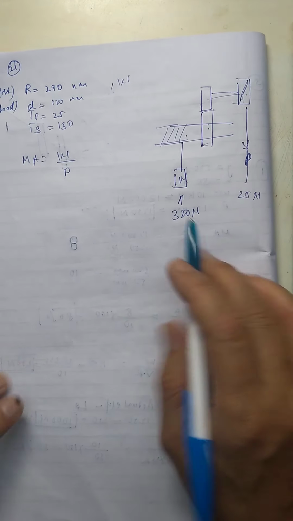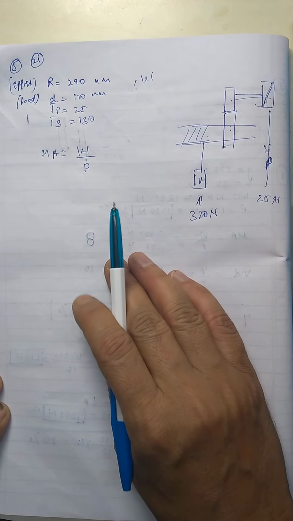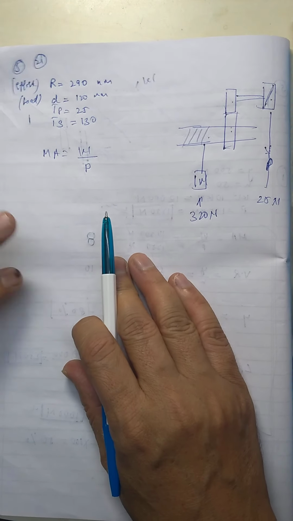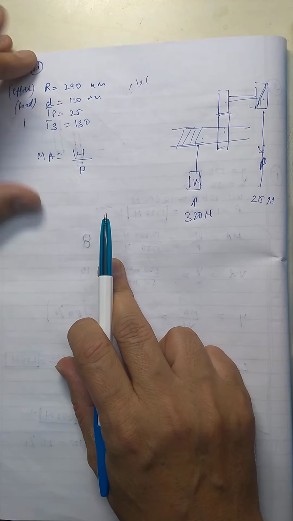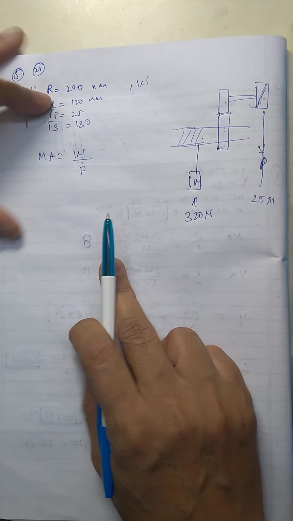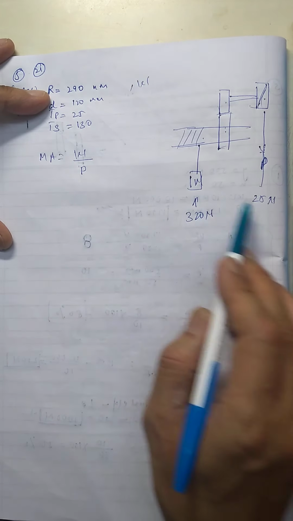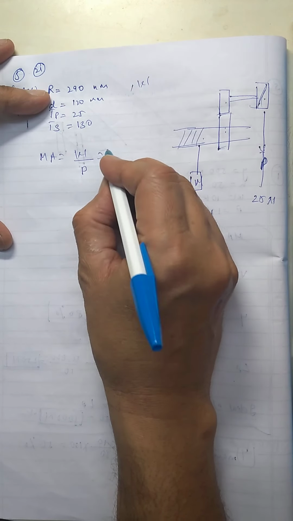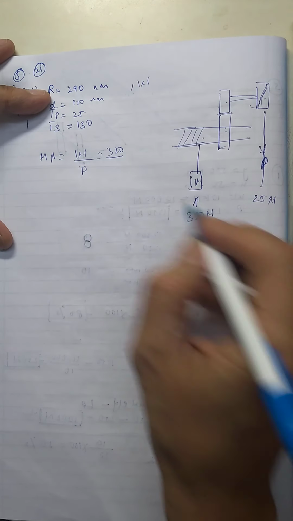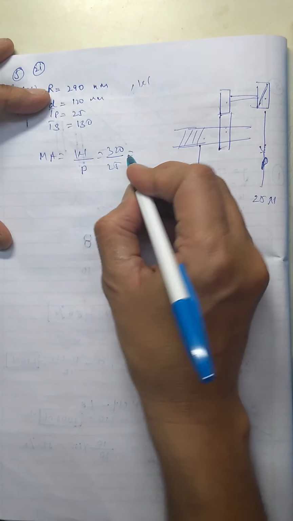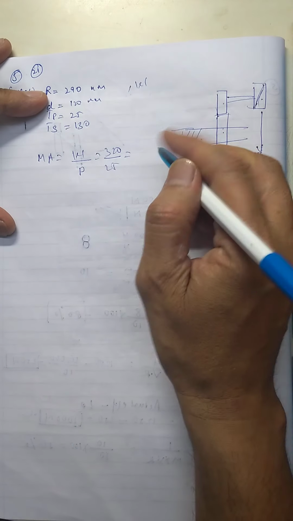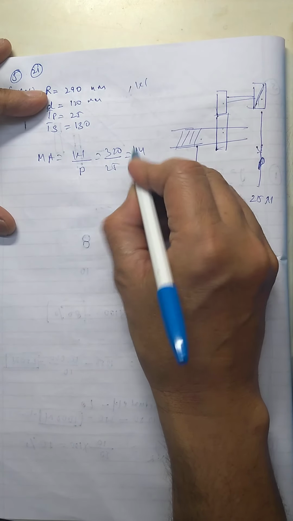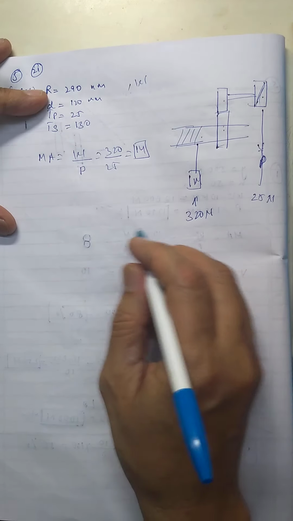So the ratio of load and effort will be your mechanical advantage. So mechanical advantage is W upon P, that means 320 divided by 25, and the answer comes to be 14. So this is the mechanical advantage.